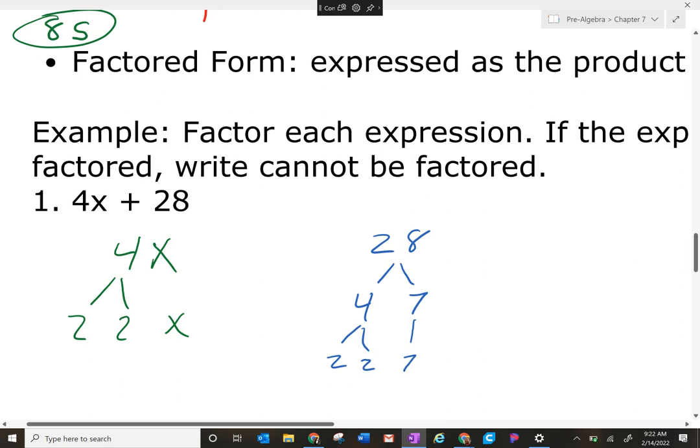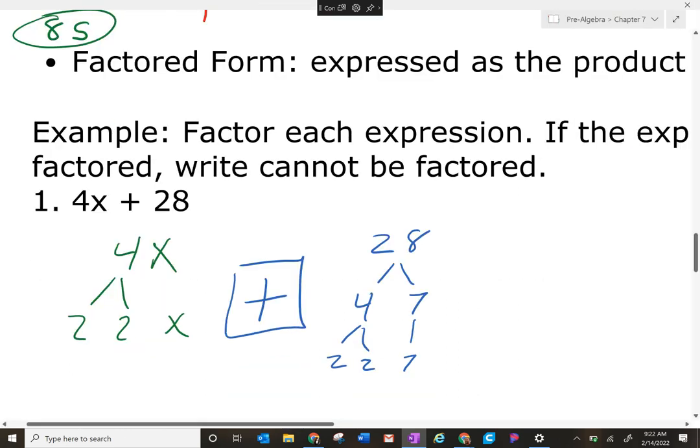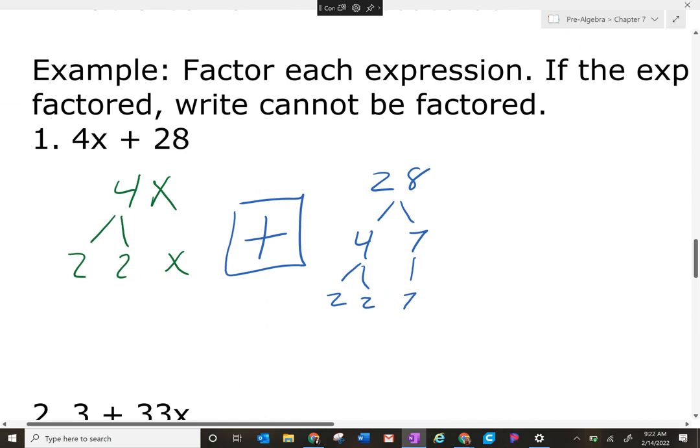Okay, in between it, here's what I'm going to do. In between it, there is a plus sign. I'm just going to make that plus sign because that's showing me what was there at the time. I'm going to look at what they have in common. This one has a 2, this one has a 2. This has a 2, this has a 2, and that's it.